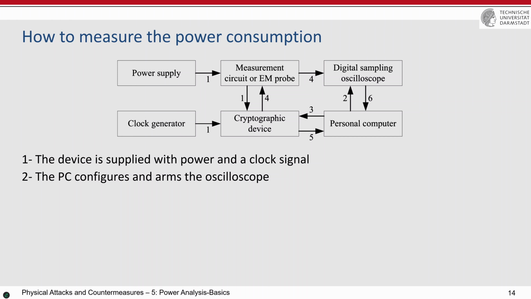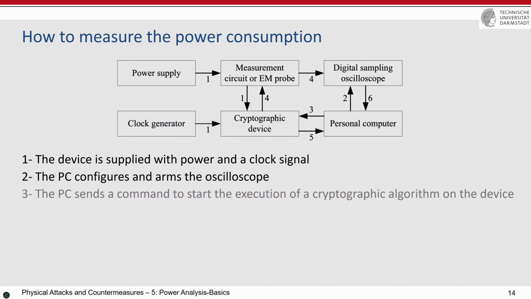Then you arm the oscilloscope, because in the middle of the time, the signal that you use for the trigger may also have some changes, and you don't want the oscilloscope to measure or change the sampling memory. Then at one specific time, you say, arm the oscilloscope. When the oscilloscope says, I'm armed, then you send the data to the cryptographic device.